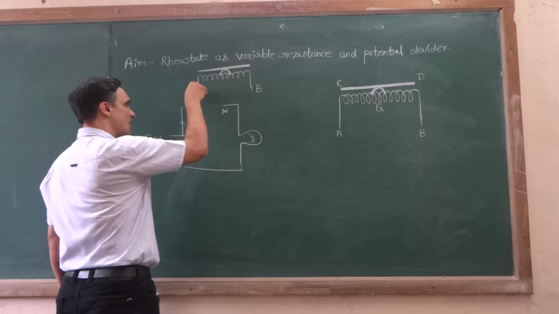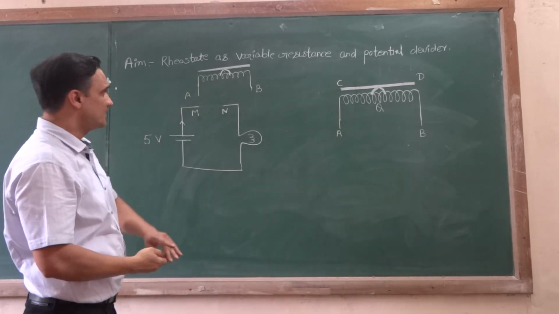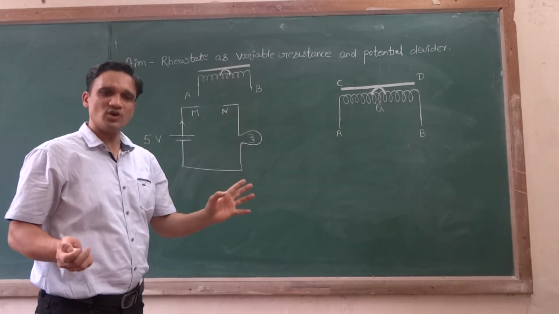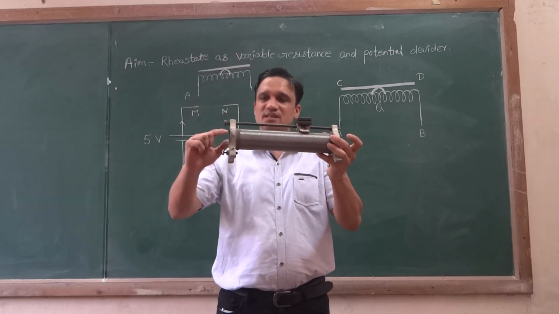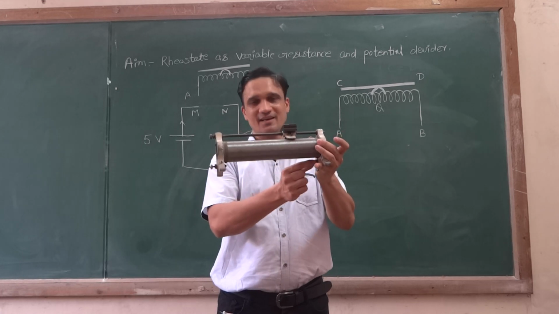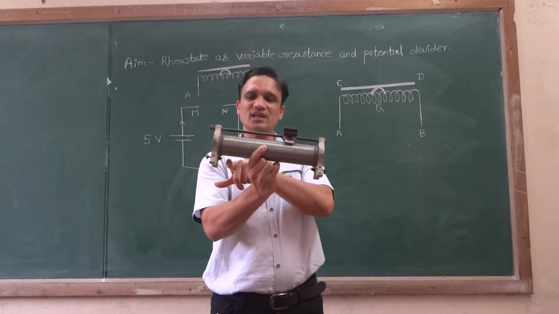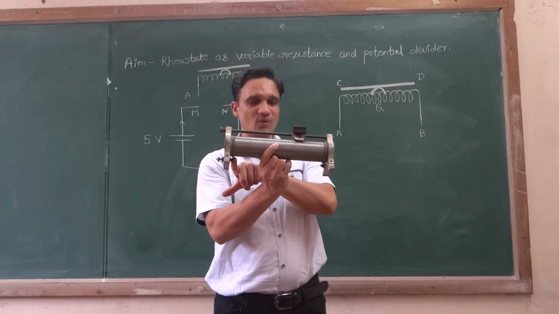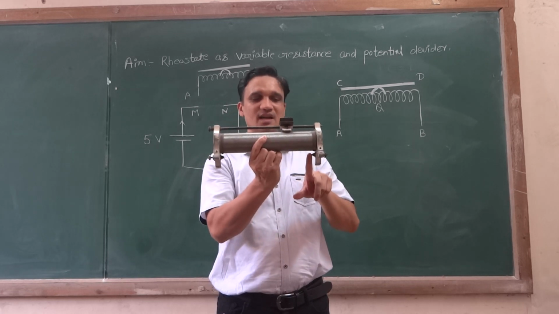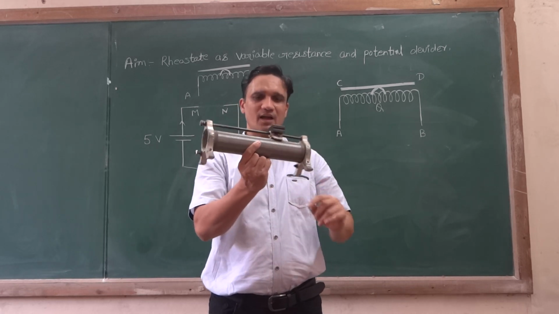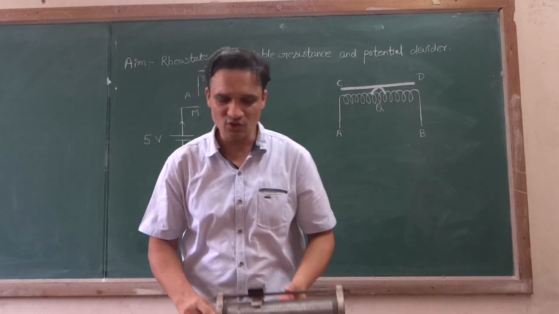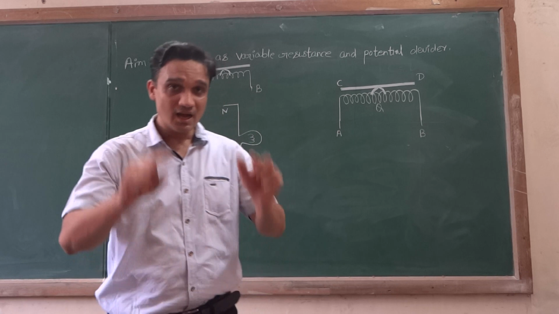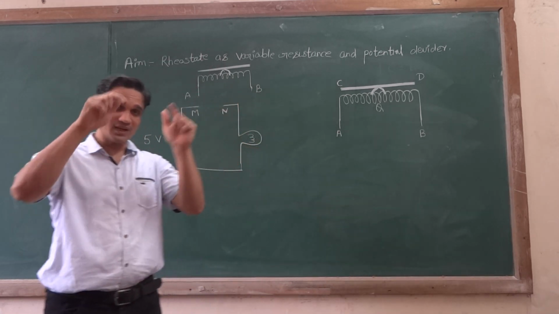Let me connect one end of the rheostat, either A or B. It's up to you, because they are identical. Both ends are the same. That is one end of the rheostat, and this is the other end. It doesn't matter. You can consider it as 1 or A, and the other as 2 or B. If you reverse it, then it is A and B vice versa. So it is not going to make any changes unless you connect it.